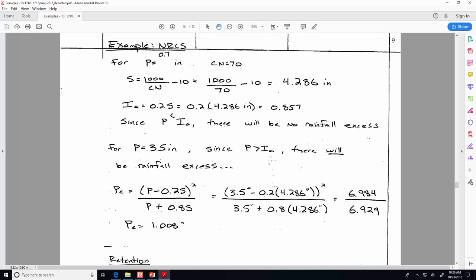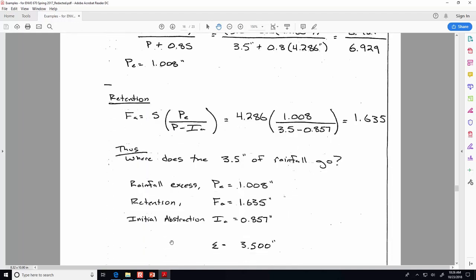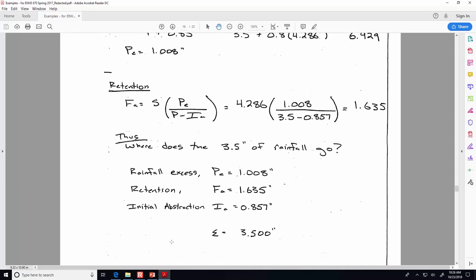Okay, so where is the water is asking, let's do this mass balance. Let's find out the rainfall, the abstractions, the storage. Where is it? If we've got 3.5 inches of precipitation and our initial abstraction is 0.857, and here is the precipitation excess, we could just double check the F sub A by substituting in the storage and the rainfall excess that we've already calculated, the precipitation and the initial abstraction.